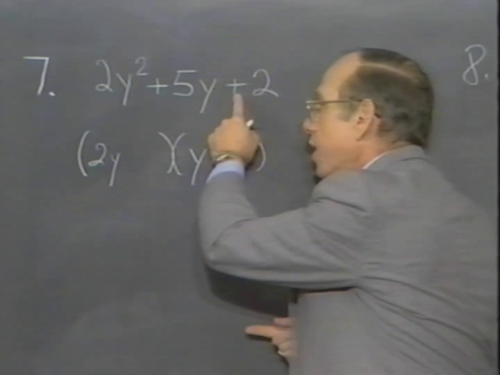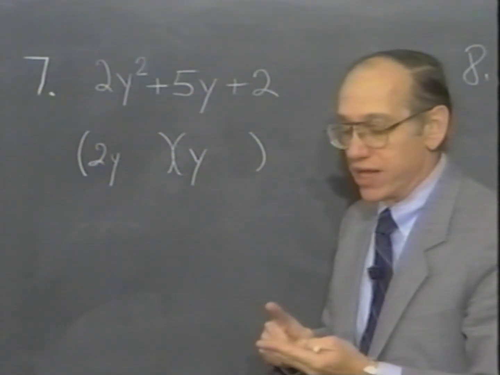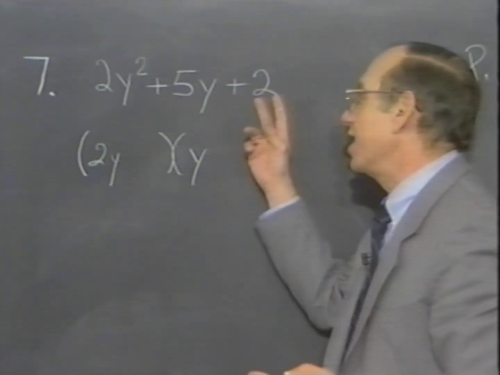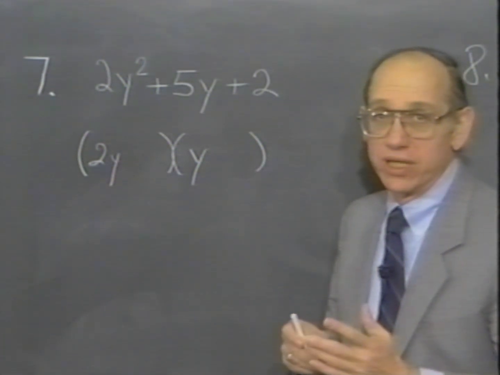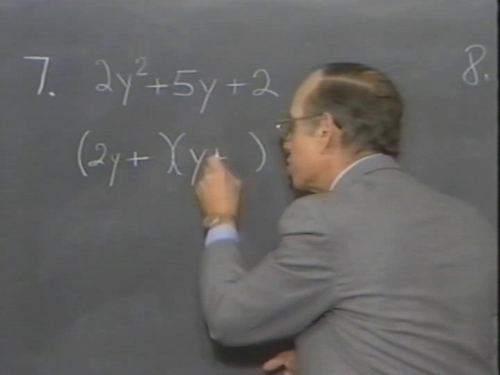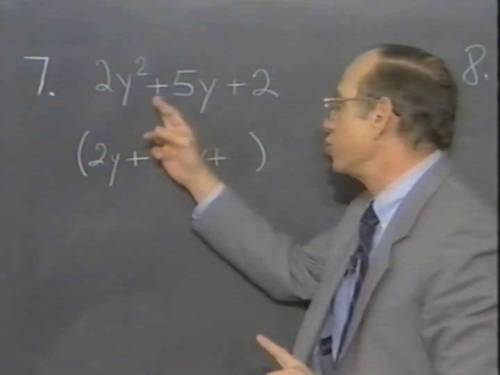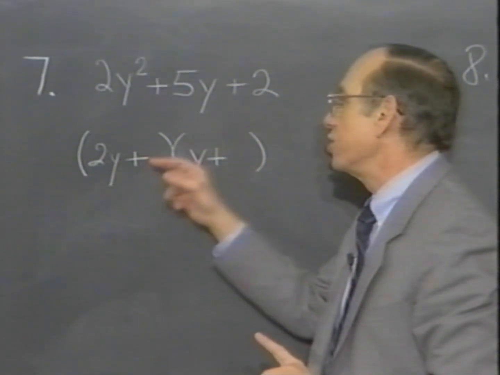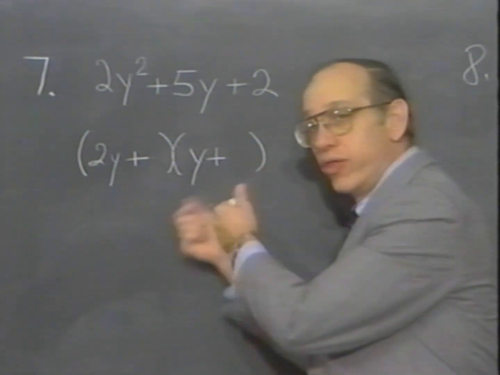Also, since it's plus, I know that I've got to have either 2 positive or 2 negative. And I can't possibly have 2 negative because the middle term is going to come out plus. In other words, in this particular case, I know that I have 2y plus something and y plus something. And my choice is to make this 2y plus 2 and y plus 1, or the other way around.